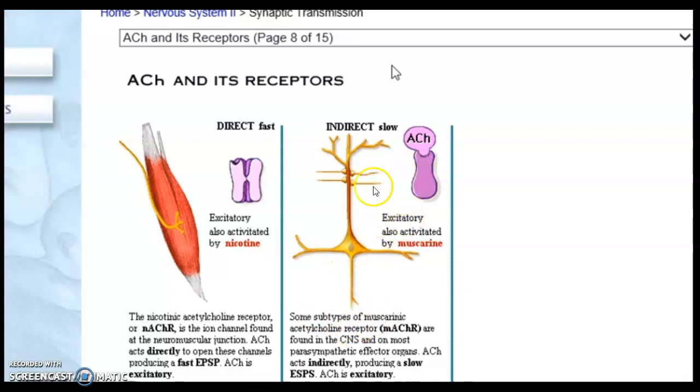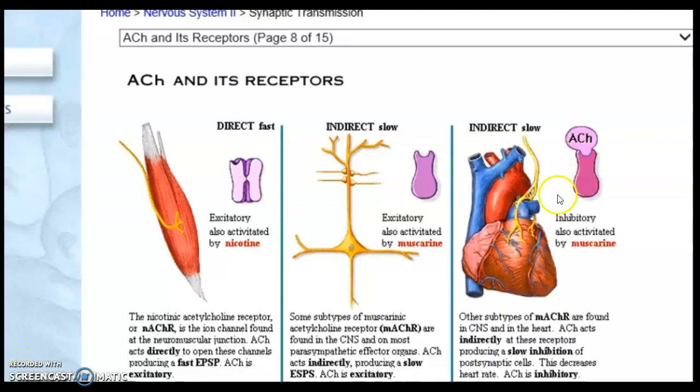But it is slow. Why is it slow? Because it's not direct. It's slow, but it is excitatory, just like that one. So when would acetylcholine be indirect but inhibitory? That's what we're going to look at next.